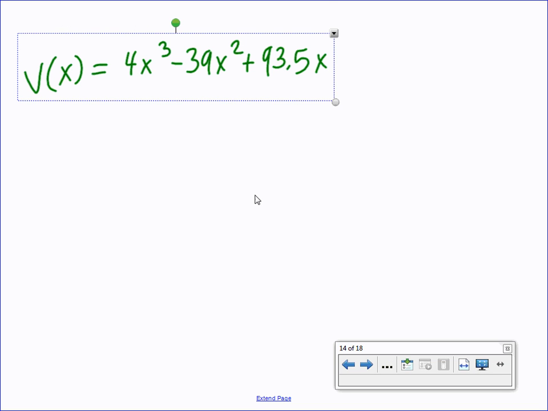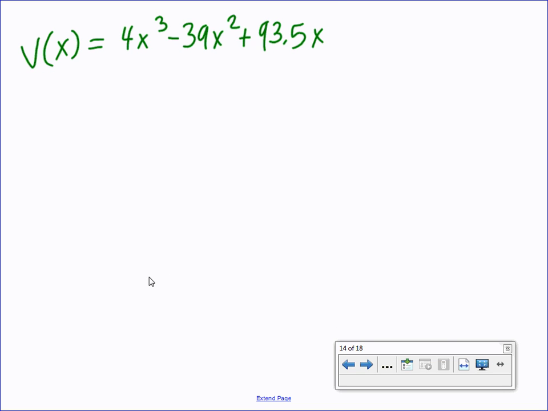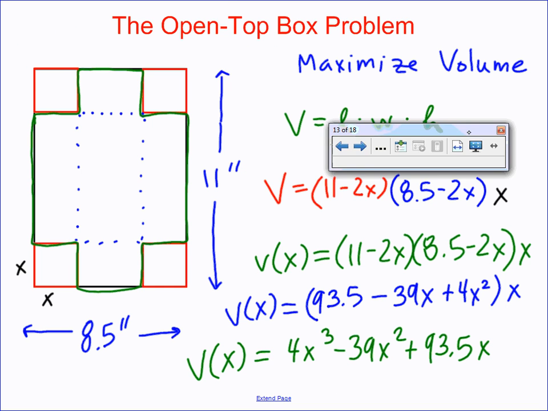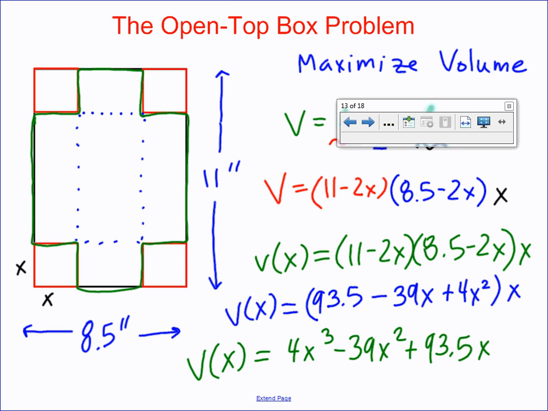In the context of this problem, what domain makes sense? Well, as I consider what x represents in my V of x formula, that's the side length of each square that will be cut out. So as I start cutting, the x side length could run from 0, the smallest square, up until, what's the largest square I can make before I run out of paper?